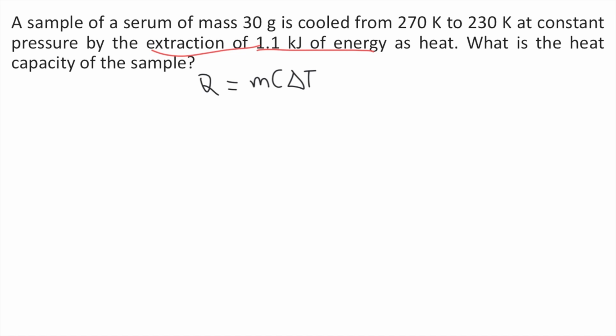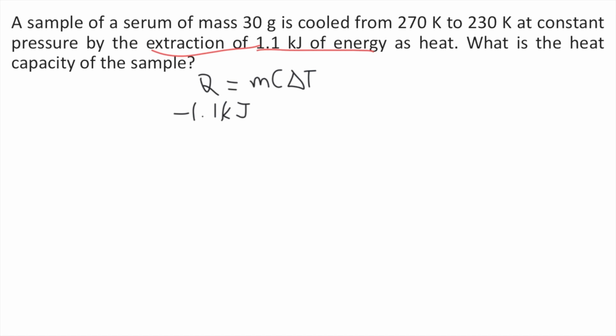Extracted means heat was released to the surroundings, so Q must be negative 1.1 kilojoules. Why negative? Because the process is exothermic, and for an exothermic process, Q is negative.